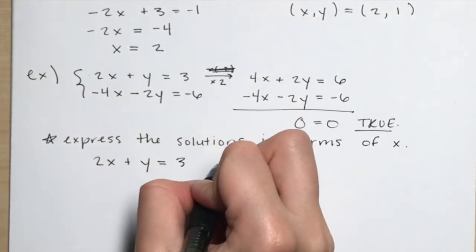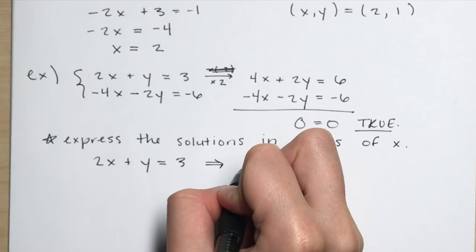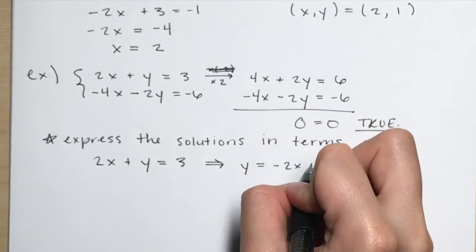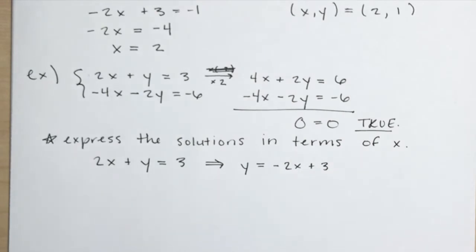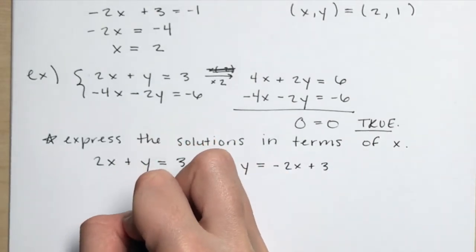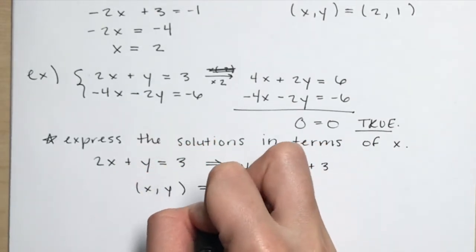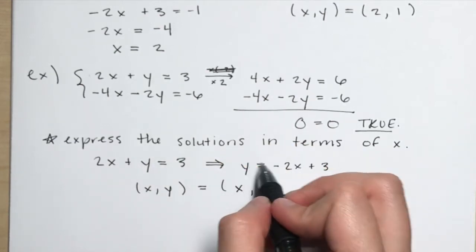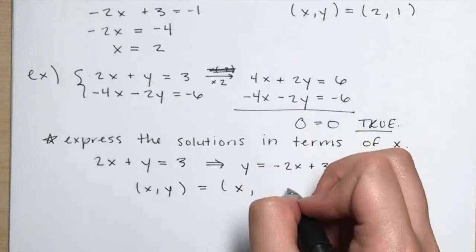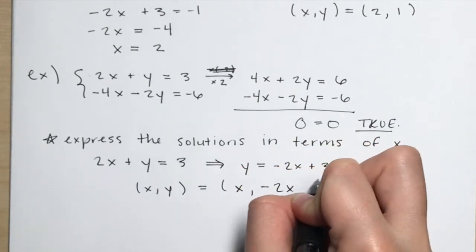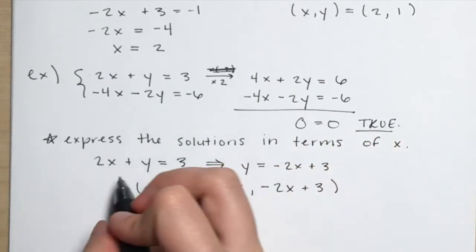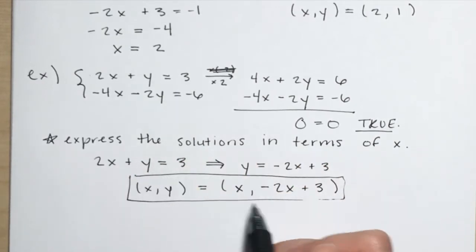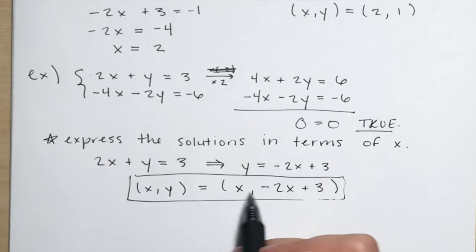If I have this, that means that y equals, we can bring that 2x over. So we know that our solution is (x, y) equals, x can be whatever, and y is equal to -2x + 3. So this is my answer. This tells us all of the solutions in terms of x.